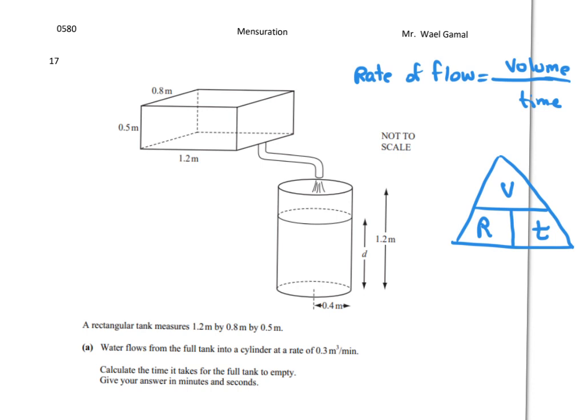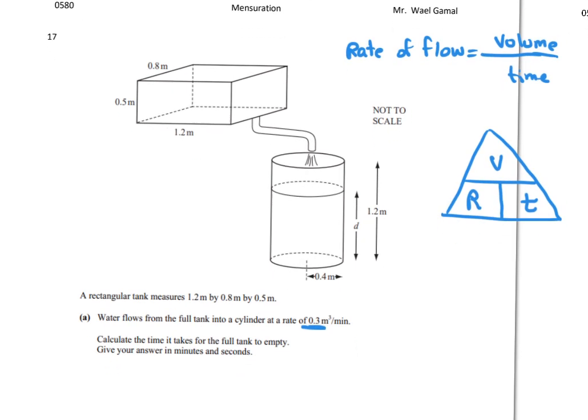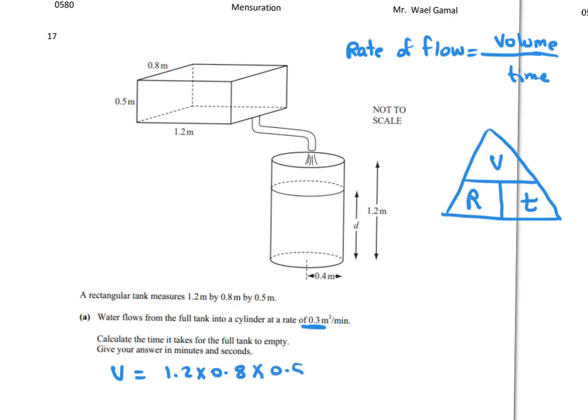So now we need to find the volume because we have the rate. We have the rate 0.3 meter cube per minute. Volume of a rectangular tank is length times width times height. So 1.2 times 0.8 times 0.5 equals 0.48 meter cubed.